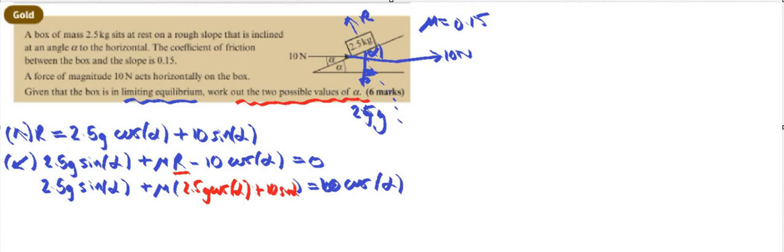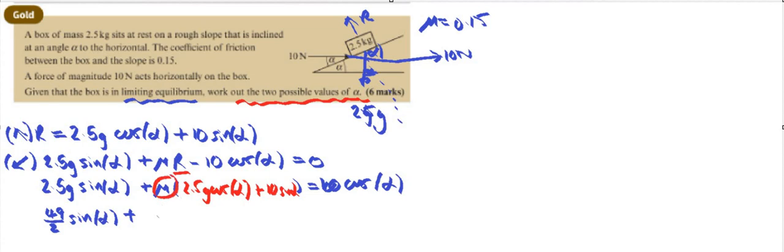Okay, well now we'll get rid of all these g's and decimals. So we get 49 over 2 sine alpha plus, we know what mu is. Mu is 0.15, so we'll substitute that in as well, include that into our coefficient.